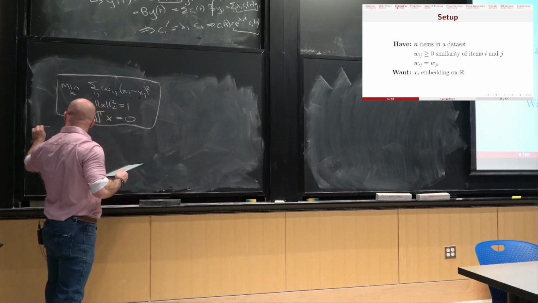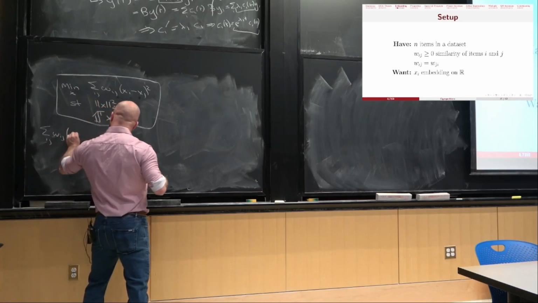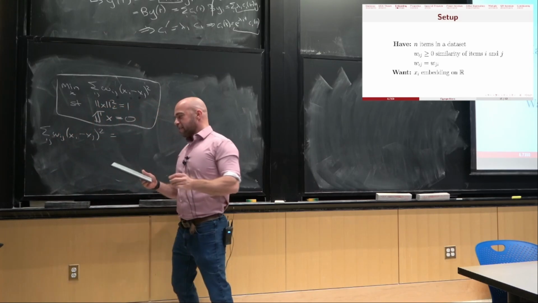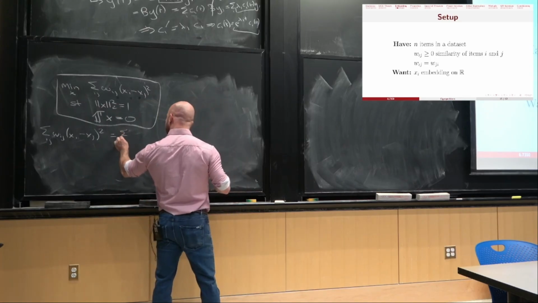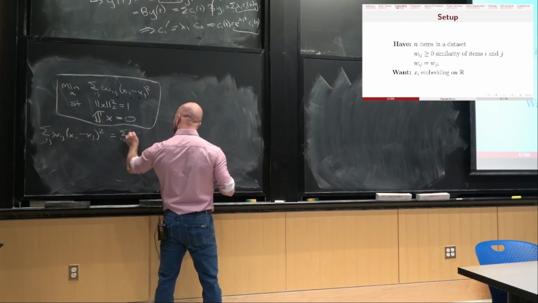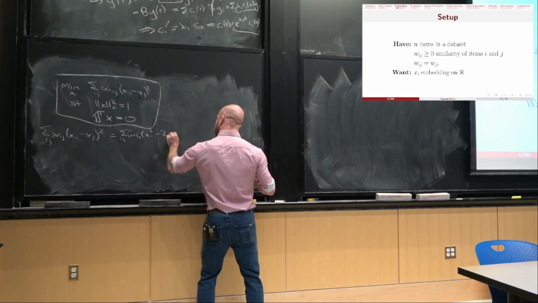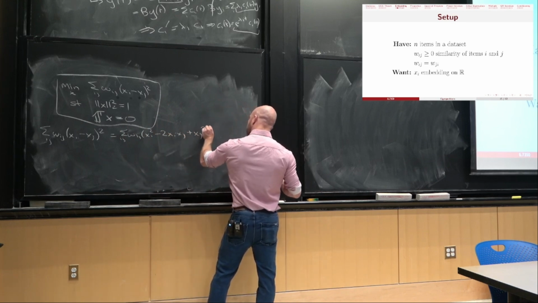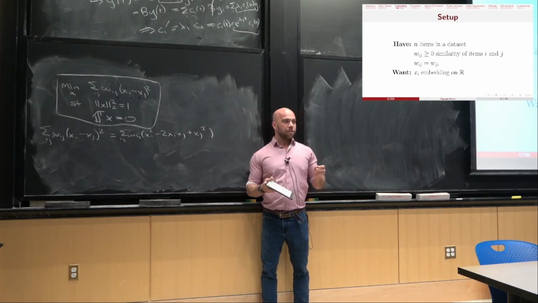We have the sum over ij, wij, xi minus xj squared. This is screaming out to us to expand the square, because basically this whole class is just high school algebra. Xi squared minus 2 xi xj plus xj squared. Notice in this case the x's are scalars, so we don't need a norm or anything like that.